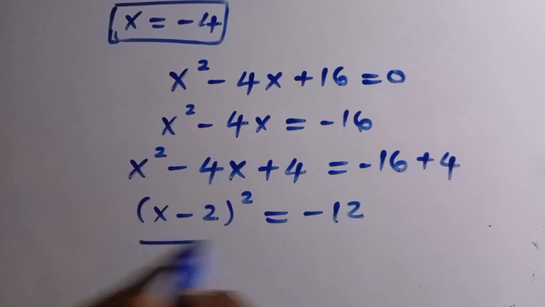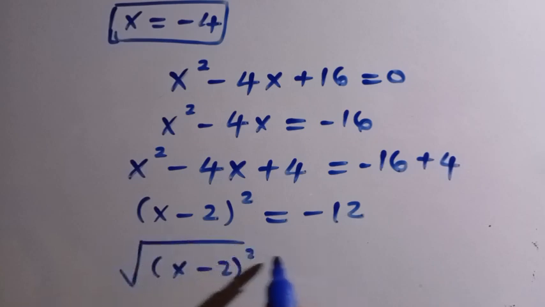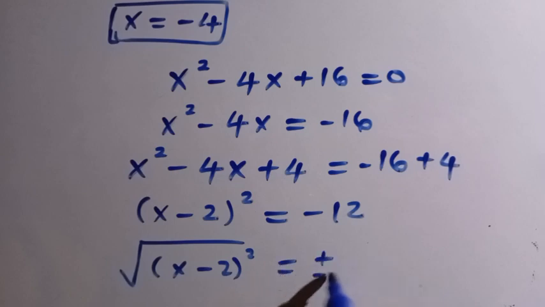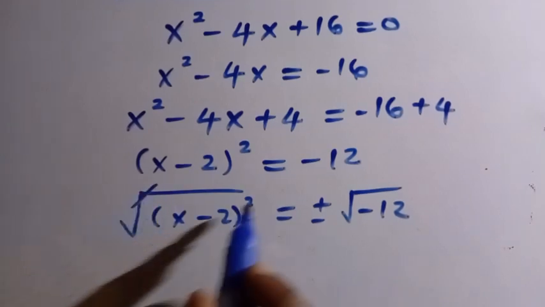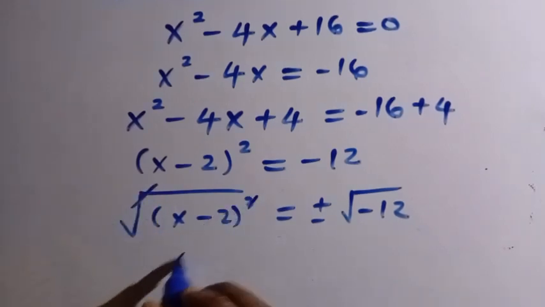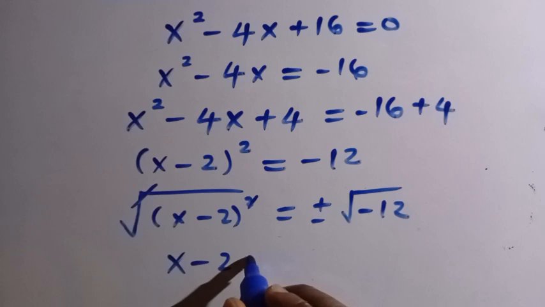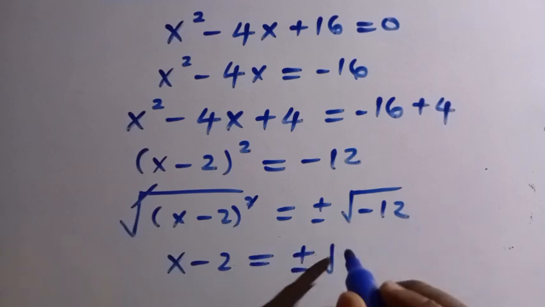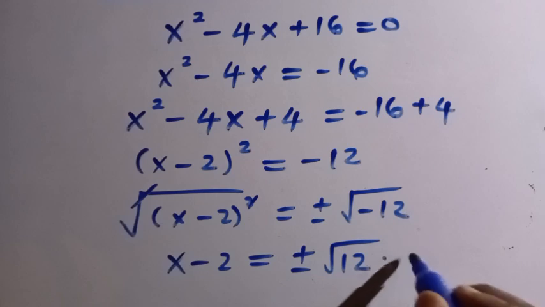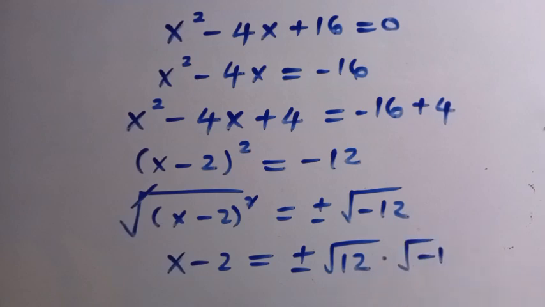Then let's take the square root of both sides. We have x minus 2 squared equals plus or minus the square root of minus 12. And when this and this cancel, we have x minus 2 equals plus or minus the square root of minus 12. So we can separate this as square root of 12 multiplied by square root of minus 1.